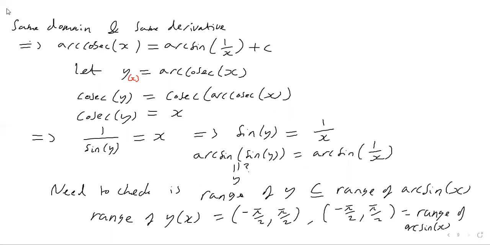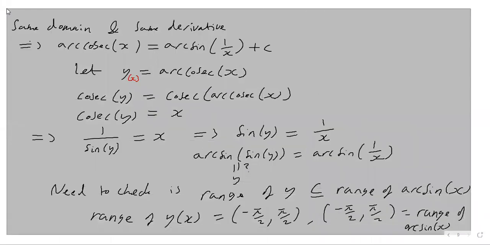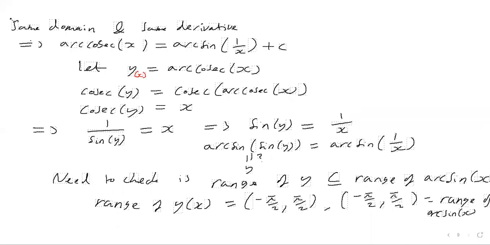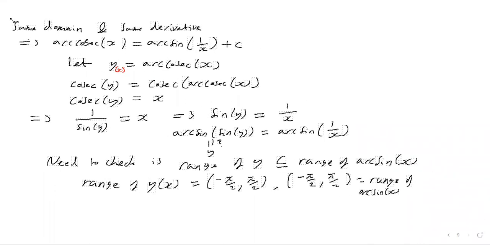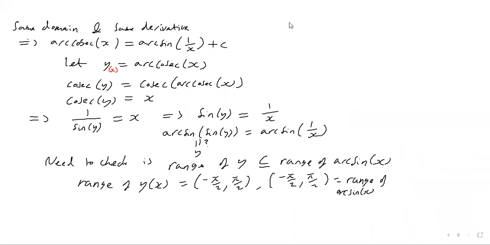So what that means is that indeed the range of y is a subset of the range of the inverse function, the arcsin function, because if they are the same, then it's still a subset of the other function.